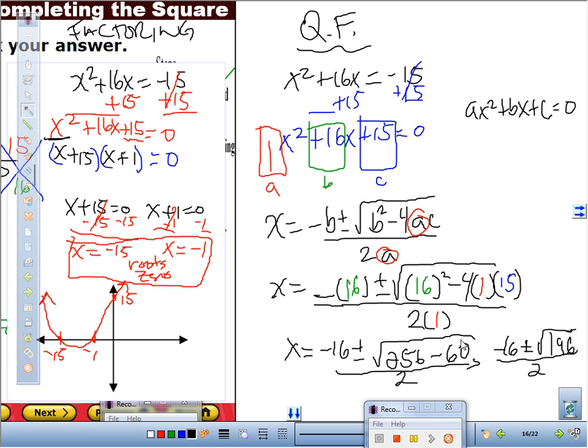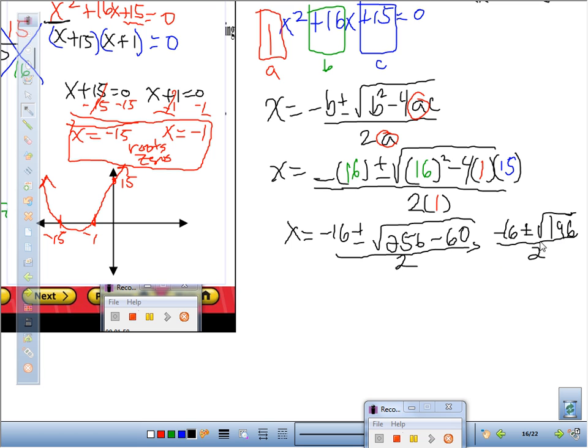If you add 196 plus 60, what's left, 256. All right. What is the square root of 196? So x equals minus 16 plus or minus 14 over 2.